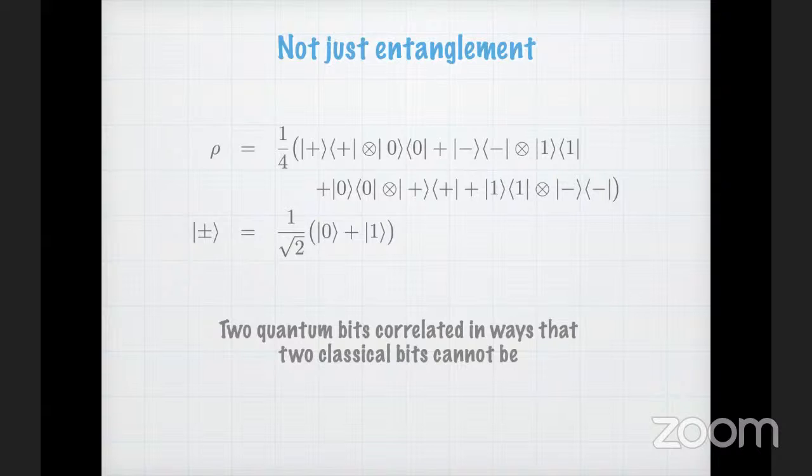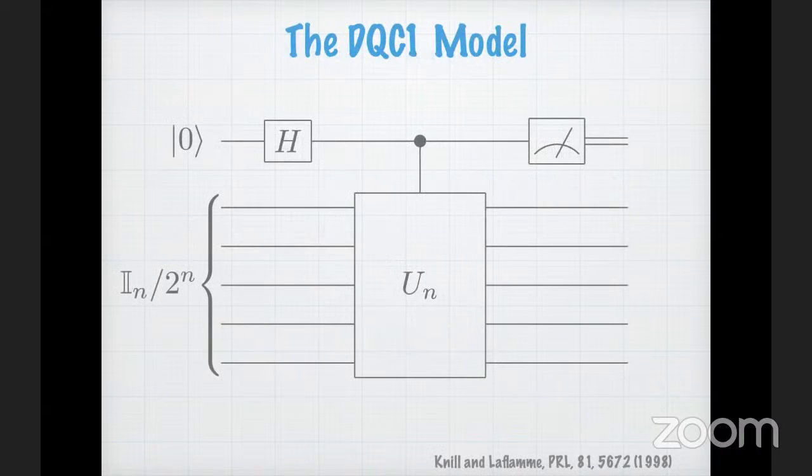And we had asked this in the context of the so-called DQC1 model of quantum computing, a very simple setup for those who are not familiar with it, that was introduced by Knill and Laflamme in 1998, in which a task which is quite simple, which is to find the trace of this unitary matrix that is seen in the middle of this circuit diagram.